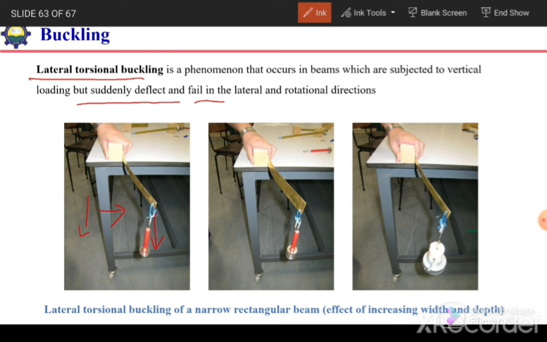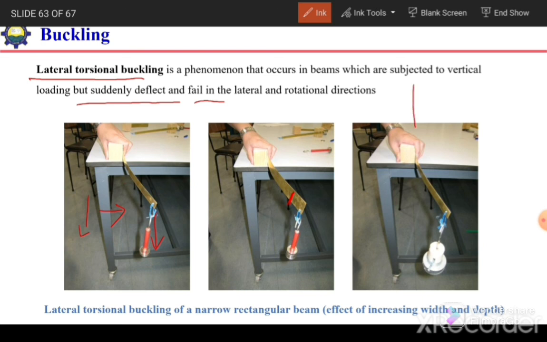If we want to improve the lateral torsional buckling, we need to improve its moment of inertia or the stiffness in the lateral direction. To improve the stiffness in the lateral direction, if we increase the depth of the member, it will not significantly affect the lateral torsional buckling. But if we increase the width of the member, the second moment of area in the lateral direction will improve.